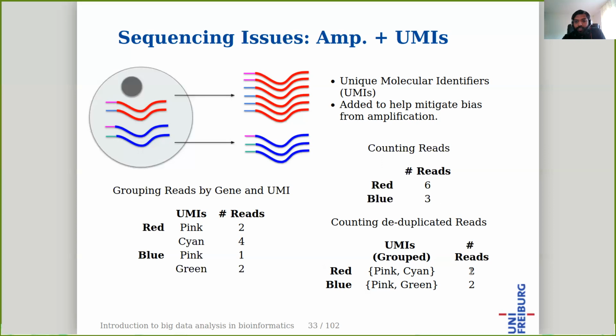This indicates that we have exactly 2 unique reads for red and blue. That means we originally had in the cell 2 red transcripts and 2 unique blue transcripts. So that's how these UMIs can be used to deduplicate the reads.